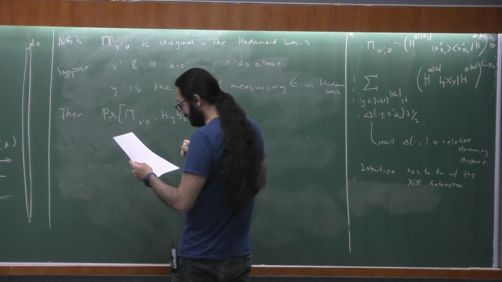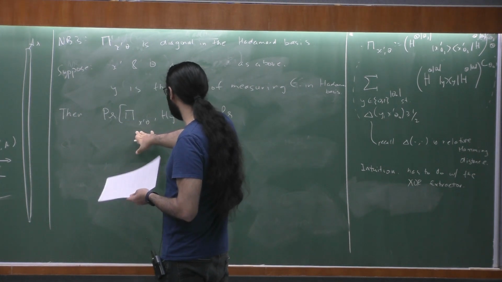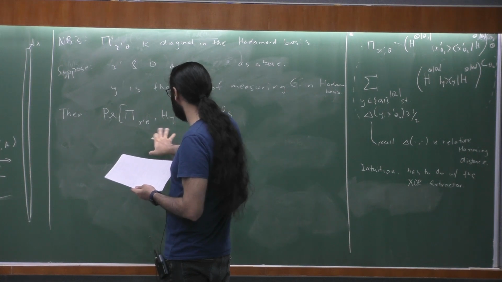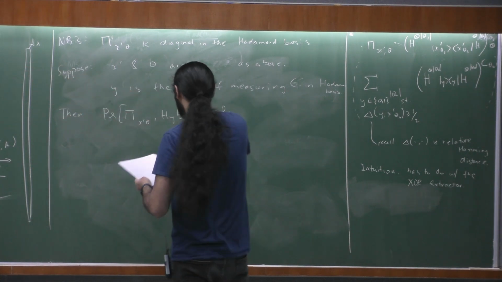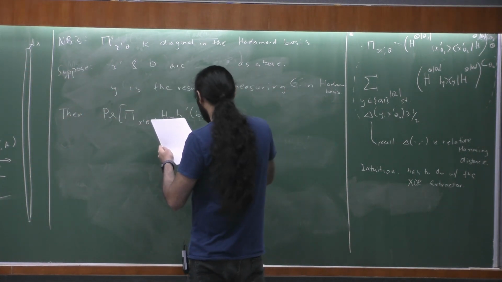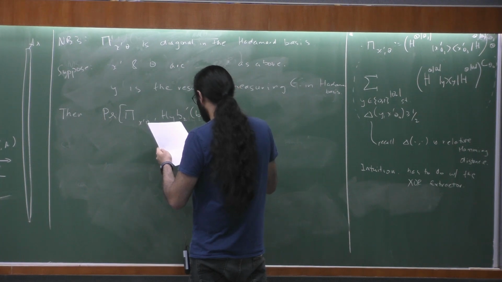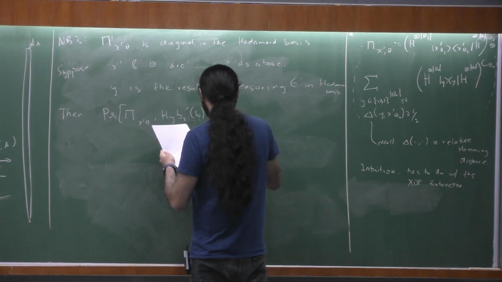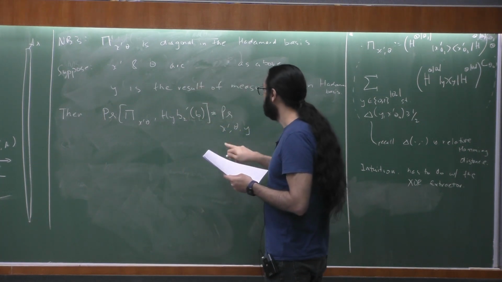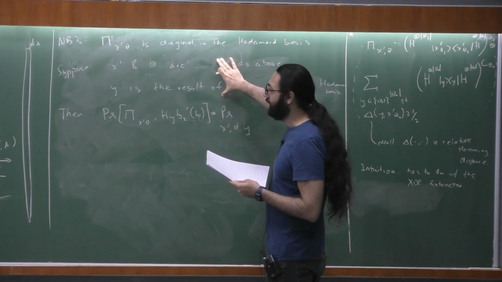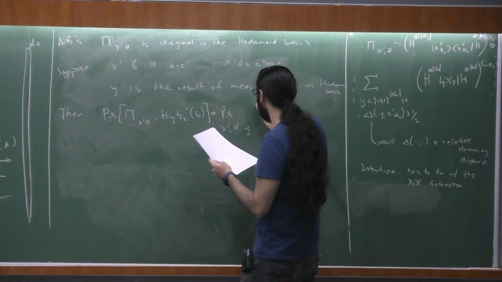So what was I saying? Yeah, I was saying that the probability that you have this projector, according to that definition, you measure and you get the answer, is going to be the following. So it's x prime theta y. These are the random variables that I specified here.